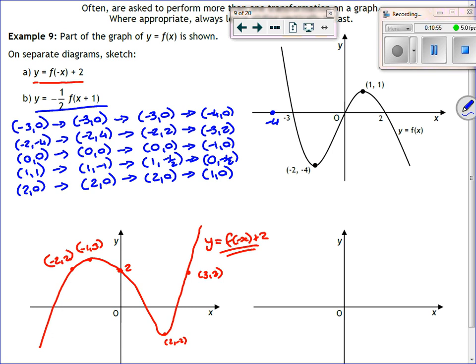So that is now a maximum turning point at minus 3, 2. I'm going to put my little maximum arc in there to remind me. 0, 0 stayed at 0, 0 for the flip and the half, and then went to become minus 1, 0.